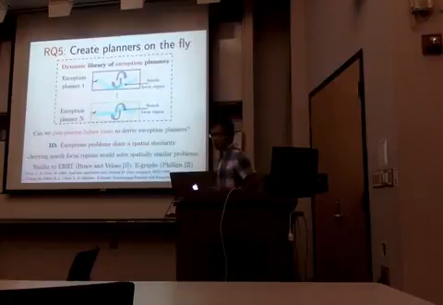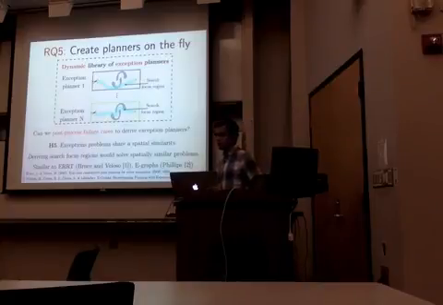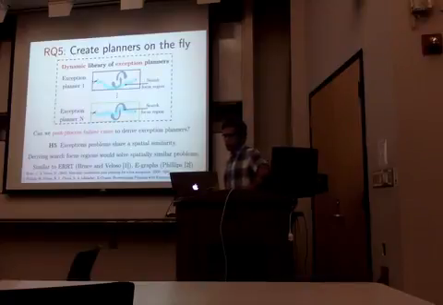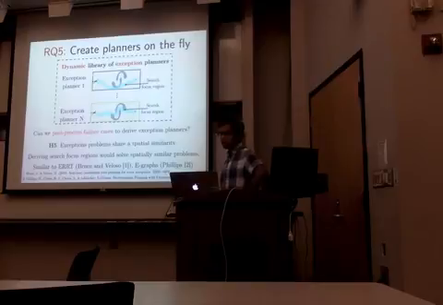The second question we deal with is how can we create exception planners on the fly? Ideally we want a data-driven approach that looks at the past failure cases and produces a solution to solve these cases. While in general this is a hard problem, we hypothesize that failure cases are likely to be spatially similar.